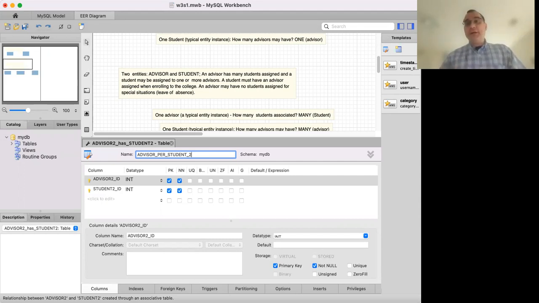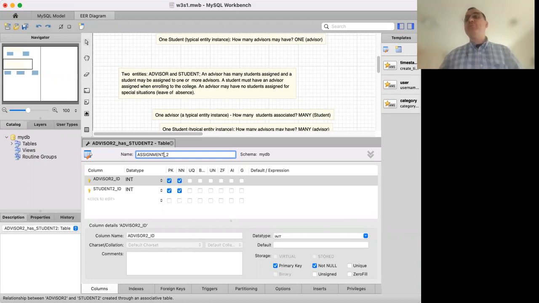Sometimes this can be replaced with a better, meaningful name. For instance, in this case, I can name this assignment. If this database is just for advising, it's much easier to name it assignment, because it will show me the assignment between an advisor and a student.